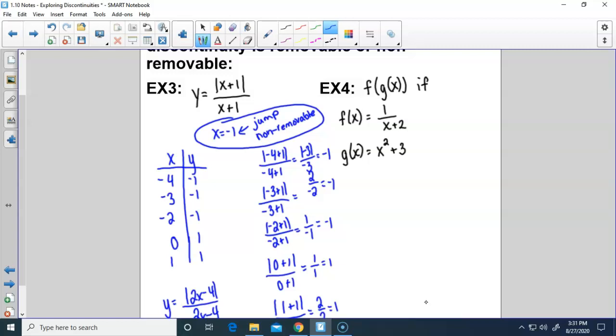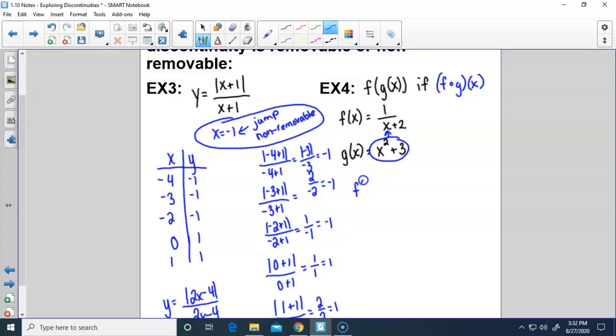We have a composition of functions here. So f of g of x, remember sometimes this is written like this, f of g of x. Sometimes it's written that way instead. So if you see something like that in your textbook, this is what it's talking about. This means we've got to plug g into f. So we're going to take g and plug it into f right there where the x is.